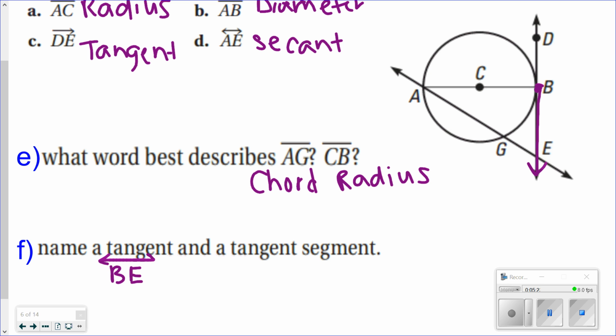And we want to call it a line. We could also say BD and make sure we use a line. And then it's asking for a tangent segment, which we could use the same letters here, except for call them segments this time. So BE, and just put a line without arrowheads, and then BD. And don't put arrowheads.